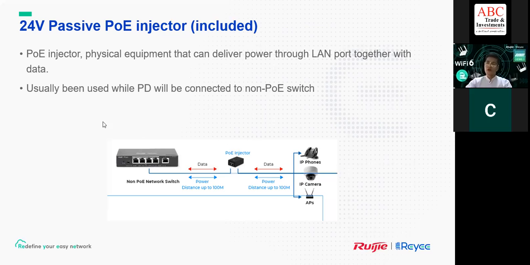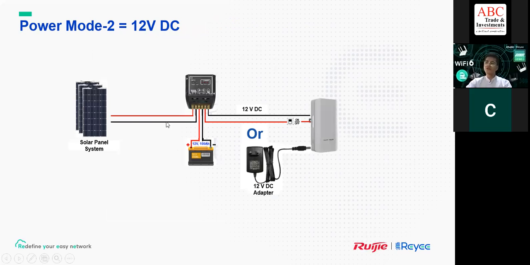Okay, so here we need to remember that we shouldn't use standard PoE to connect to our devices. It will ban our device in some scenarios. So it's not good, and we don't recommend using this. Another mode is that we also offer a solar panel 12 volt DC for our product, and also our common 12 volt DC adapter.